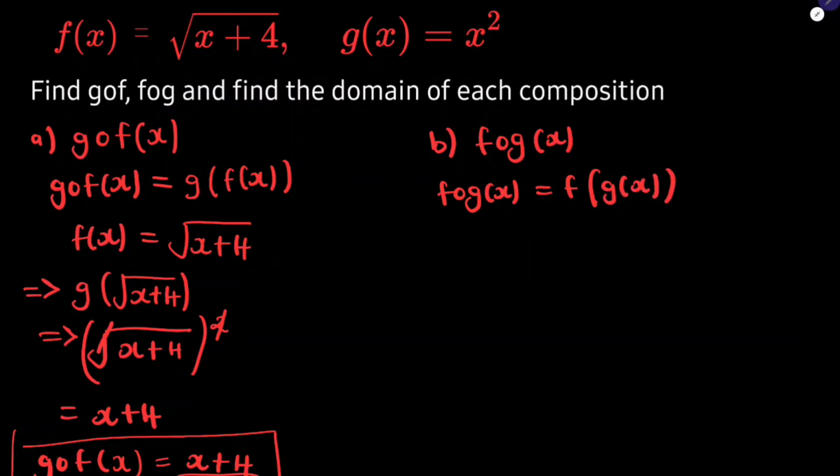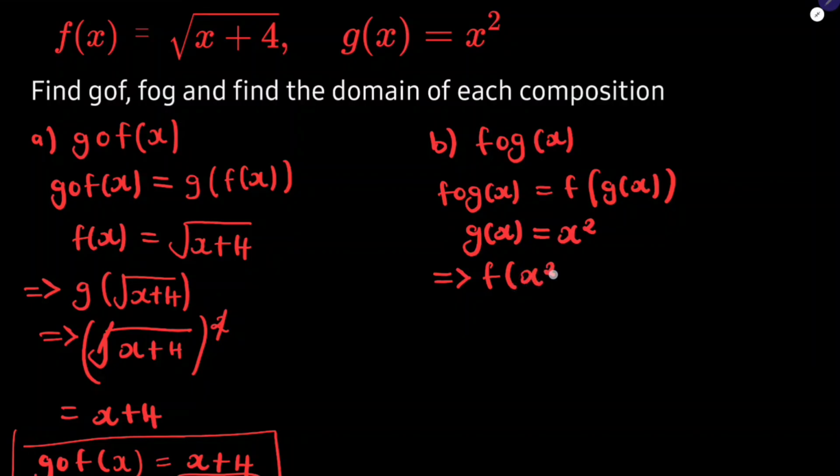Again we have g of x. Our g of x is x squared, and we are going to substitute x squared for x in the f of x function. So from there we will have f into x squared.